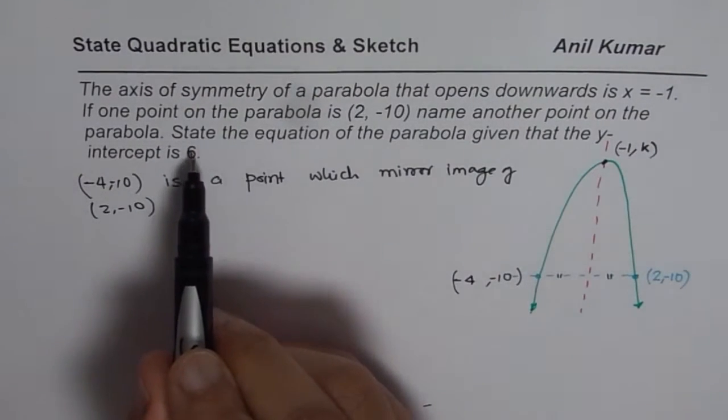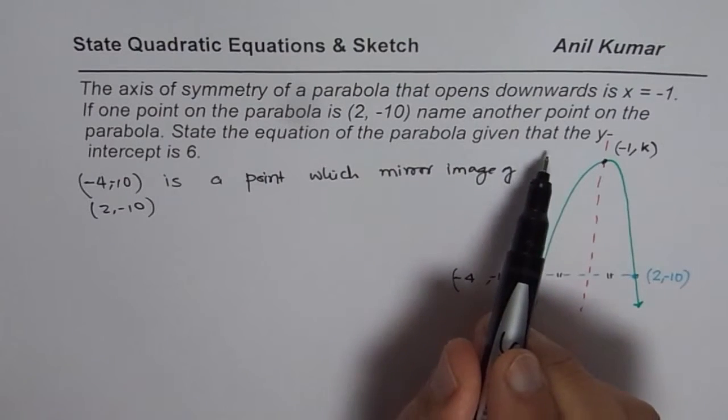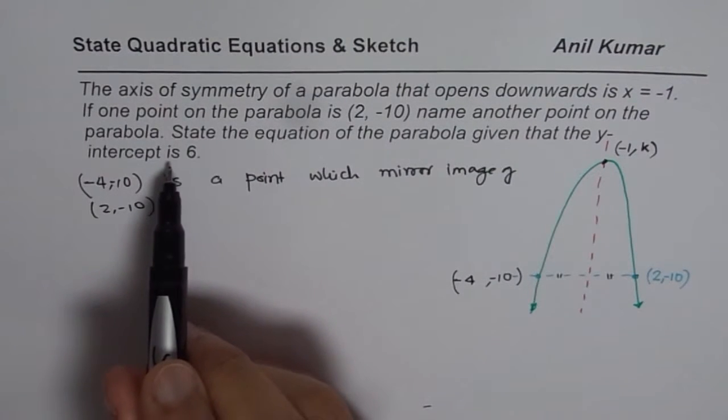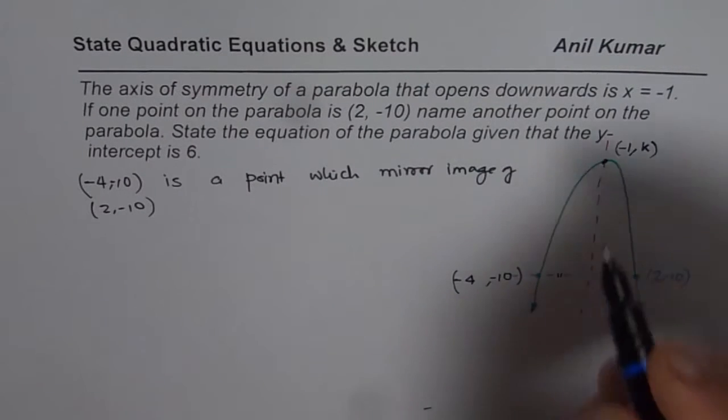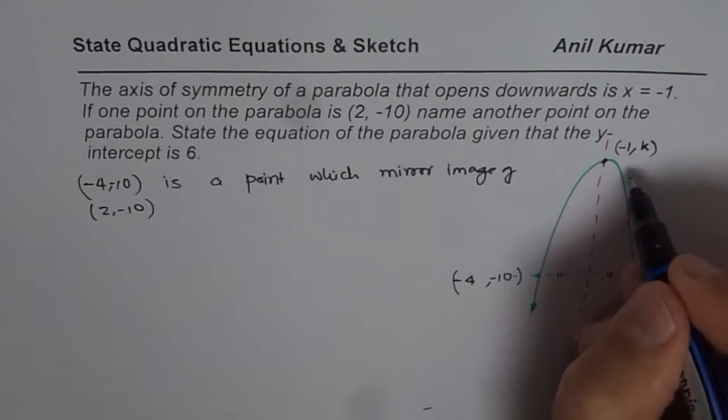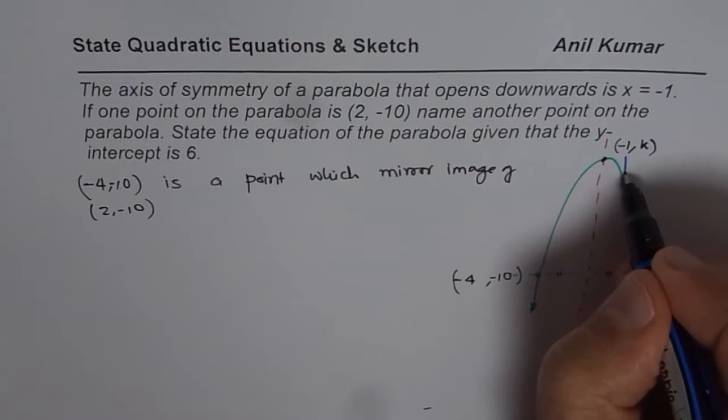Now the second question is, state the equation of the parabola given the y-intercept is 6. So the y-intercept is 6, which means x value is 0. Let me draw the axes here, kind of like this.